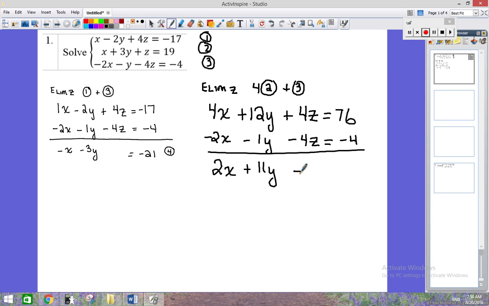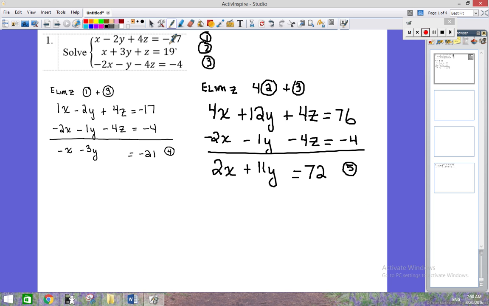The z's are canceled, and 72. So, oftentimes because of my poor arithmetic skills, I do look to see if there's a common factor that I can divide every term by just to get the size of the number smaller, but this time I don't see that. Alright, and plus with the calculator I'll be fine with the larger numbers.